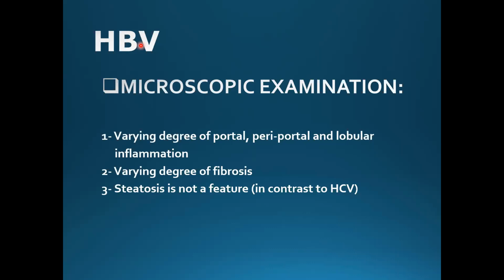There is varying degree of fibrosis that is going to increase as time goes by, because there is no cure for this, so the infection is ongoing. Now, an important feature to distinguish between hepatitis B and hepatitis C is that steatosis is not a feature of hepatitis B, but it is of hepatitis C viral infection.